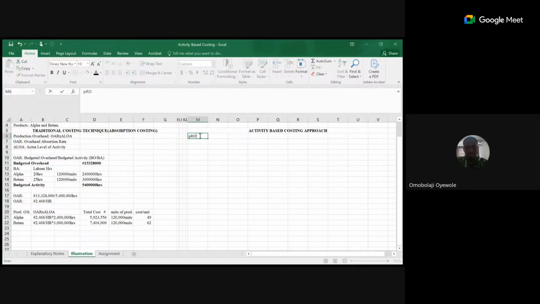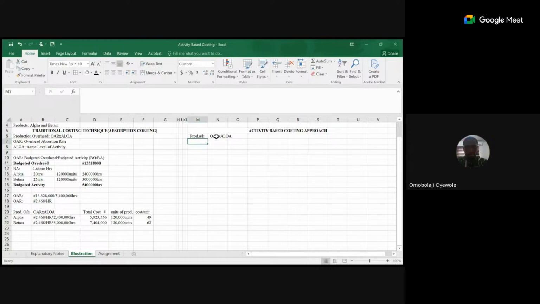Remember that production overhead is calculated as the production overhead absorption rate multiplied by the actual level of activities.